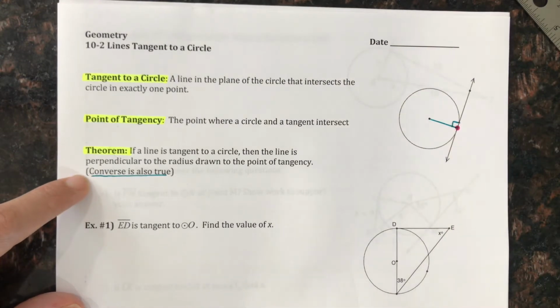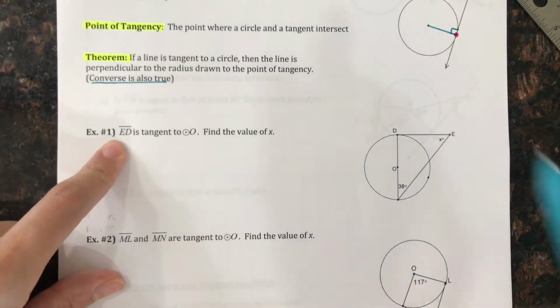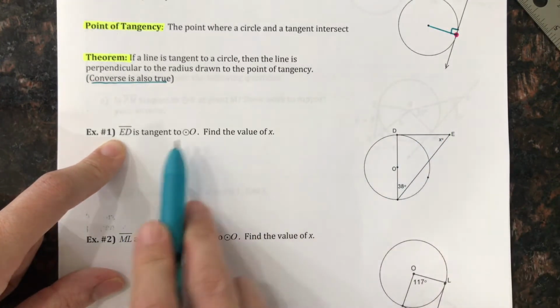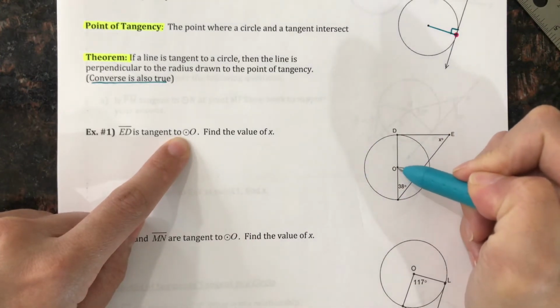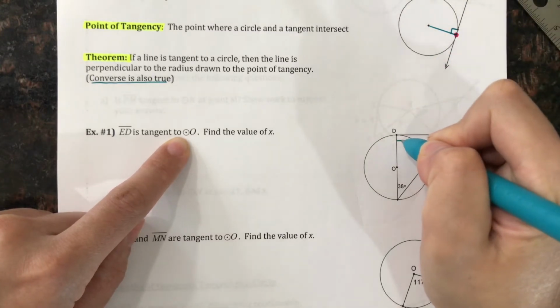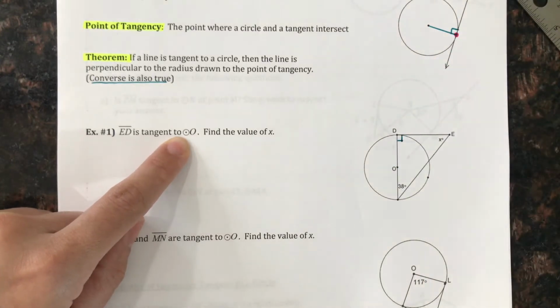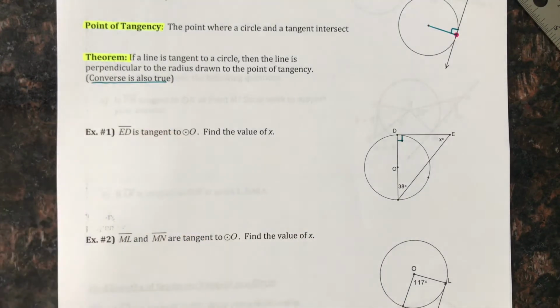Okay, so looking at example number 1, it says here that ED, the segment here, is tangent to circle O. Now you'll notice that there's a radius that goes from circle O, the center, to point D. So I know that those are going to make a right angle. Now we're asked to find the value of x.